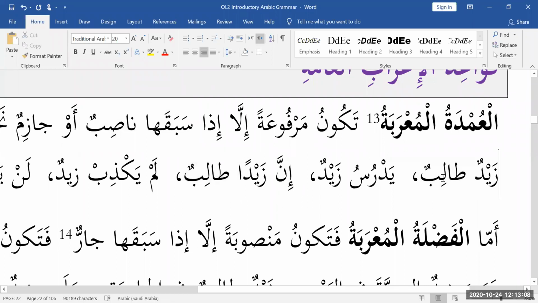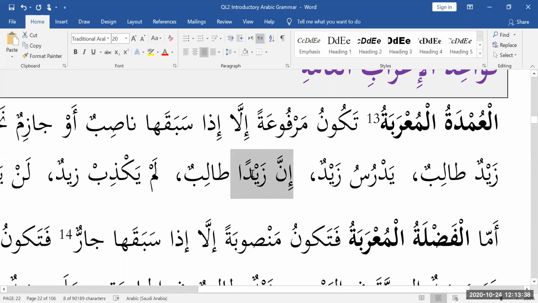So what's the difference between Zaydun talibun and Inna Zaydan talibun? The difference is that there's tawqeed, emphasis by this emphasizing particle inna. Not only that, this inna is a word that can force a subject like Zayd to change from rafa to nasab state.